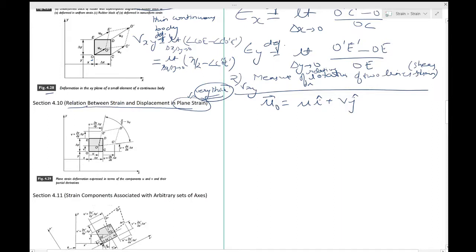And since it's a plane strain situation, you will not have a k cap.